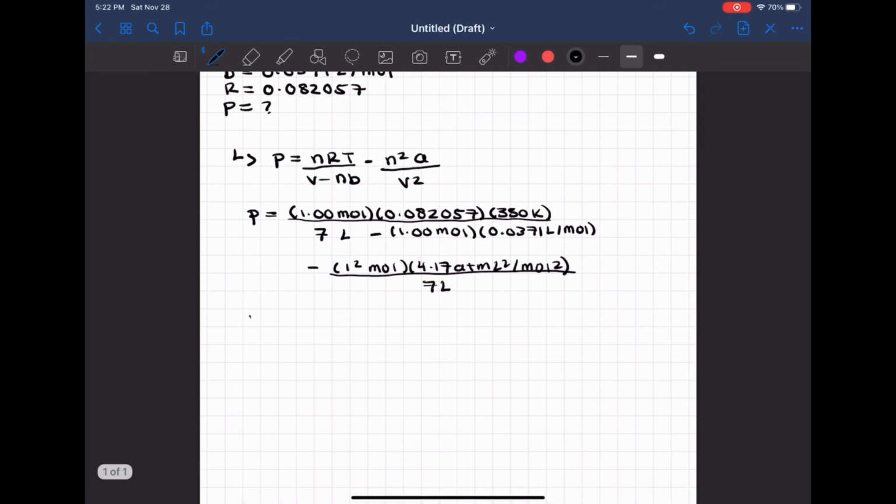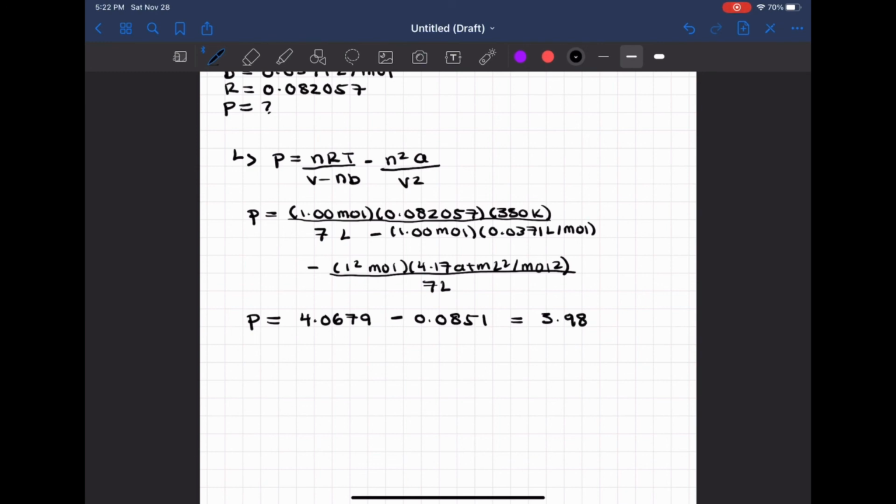We are then going to plug this equation into our calculators, and we are going to get 4.0679 minus 0.0851, and then just subtracting those, we're going to end up with a final value of 3.98.